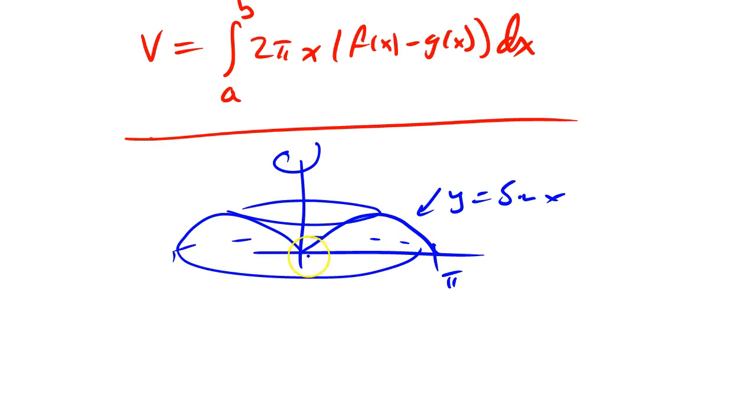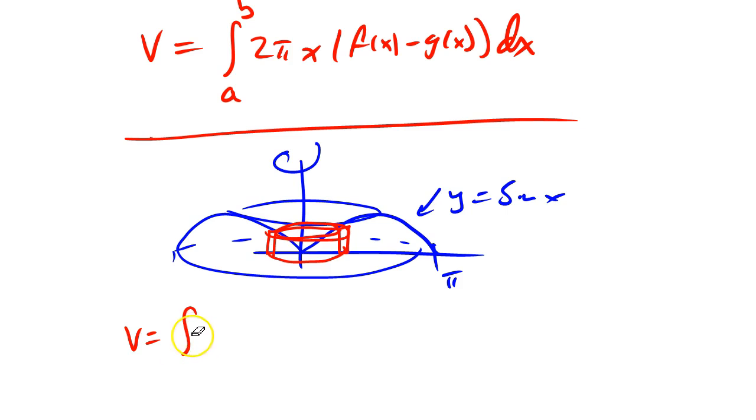For each value of x between 0 and pi, I'm drawing a vertical rectangle. That vertical rectangle gets rotated around the y-axis, and it generates a shell.